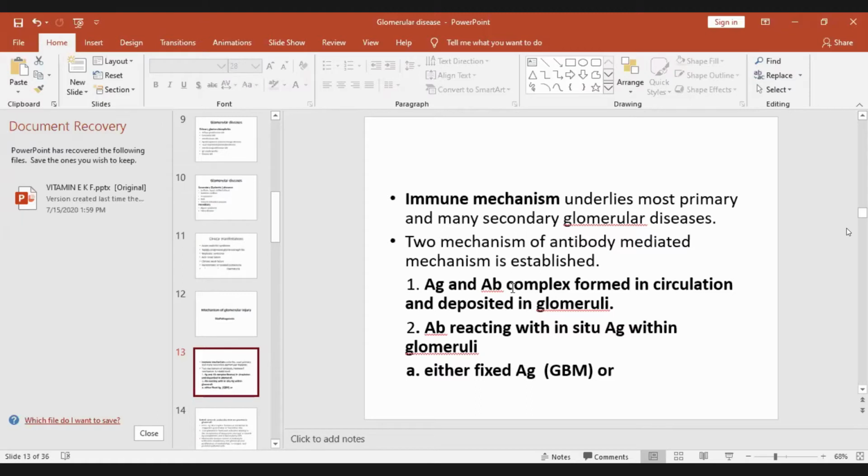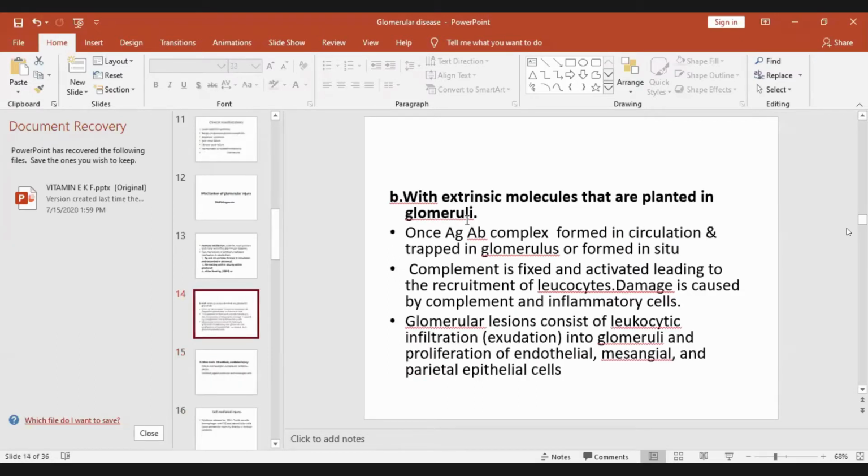The second is antibody reacting with antigen in the glomeruli, which are either fixed antigens or planted antigens. Fixed antigens are part of the glomerulus, that is the basement membrane, and those which are extrinsic molecules, which are planted, come from outside, that is DNA molecule, bacterial part, viral component, parasitic component. All those can get fixed from the outside into the glomerulus and antibody reacts against them. So there are two mechanisms.